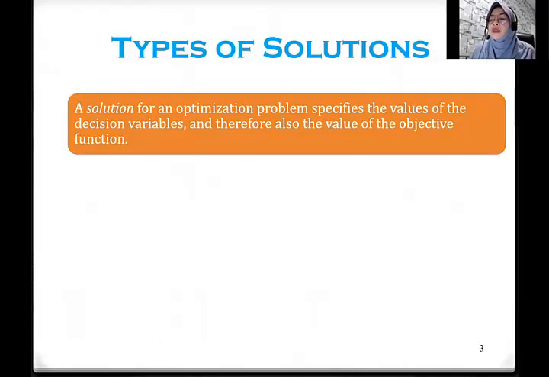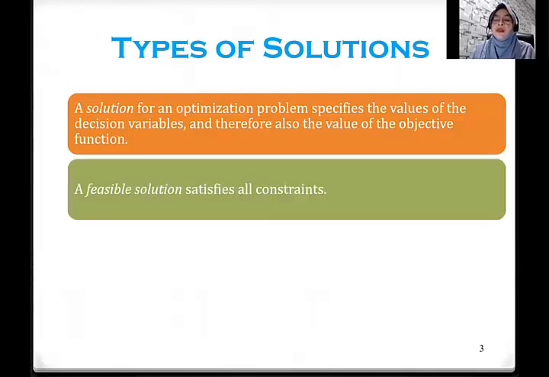Type of solution. A solution for an optimization problem specifies the value of decision variables and therefore also the value of the objective function. A feasible solution satisfies all the constraints, or more precisely, all the mandatory constraints.